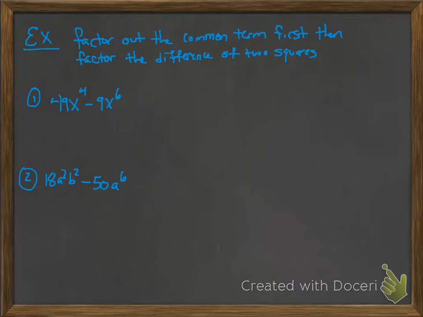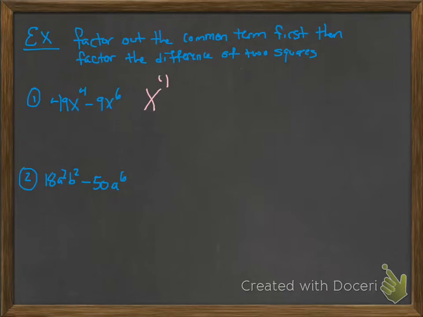Alright, so let's do a little bit more. Factor out the common term first, and then we're going to do the difference of two squares. So in this case, the common term is going to be an x. Notice how they both have x's, and we can factor out as much as x to the 4th.